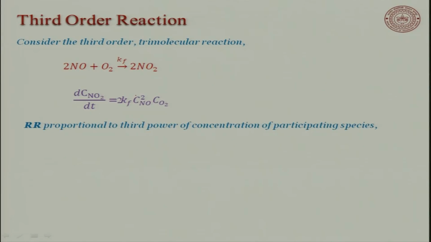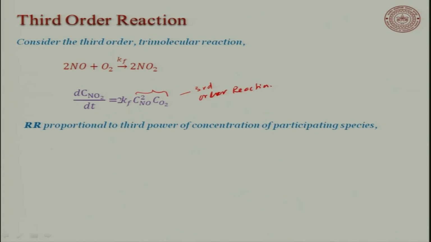This reaction rate is proportional to the third power of concentration of the participating species, because this is index 2 and this is 1. Therefore, this is the third order reaction.